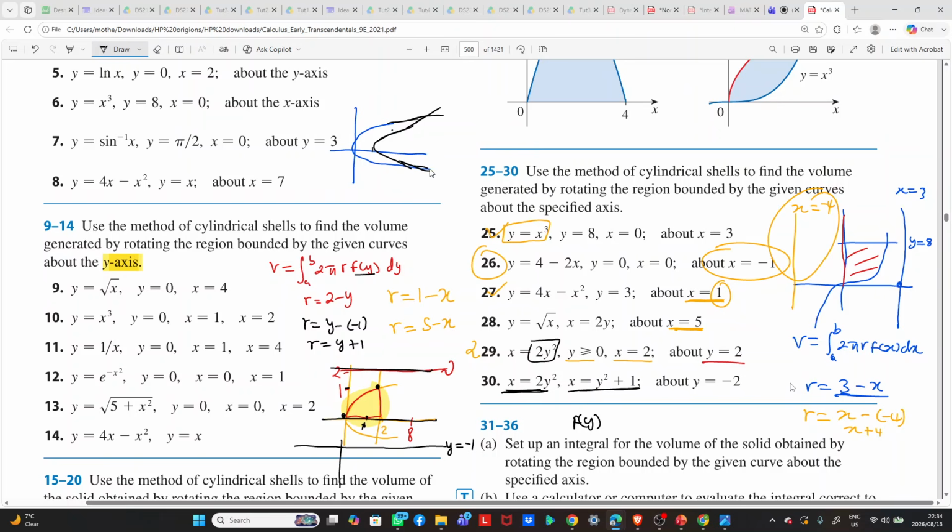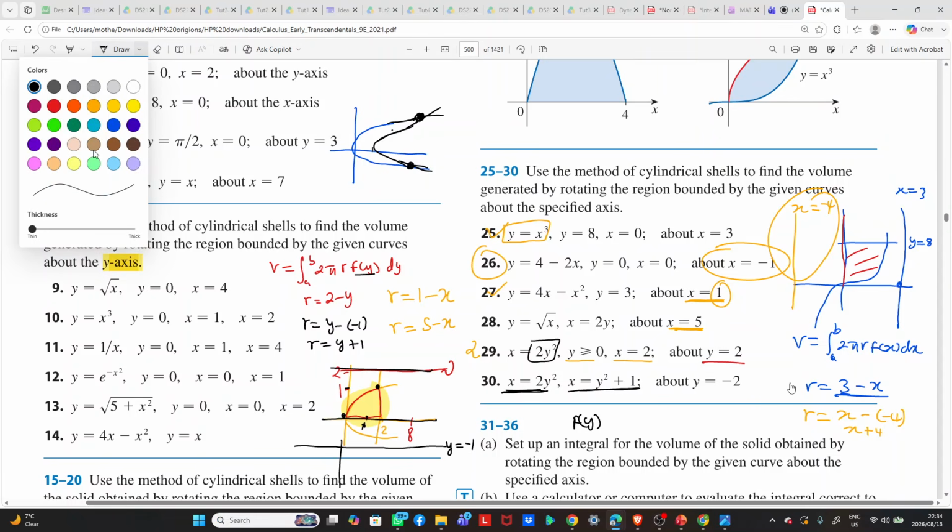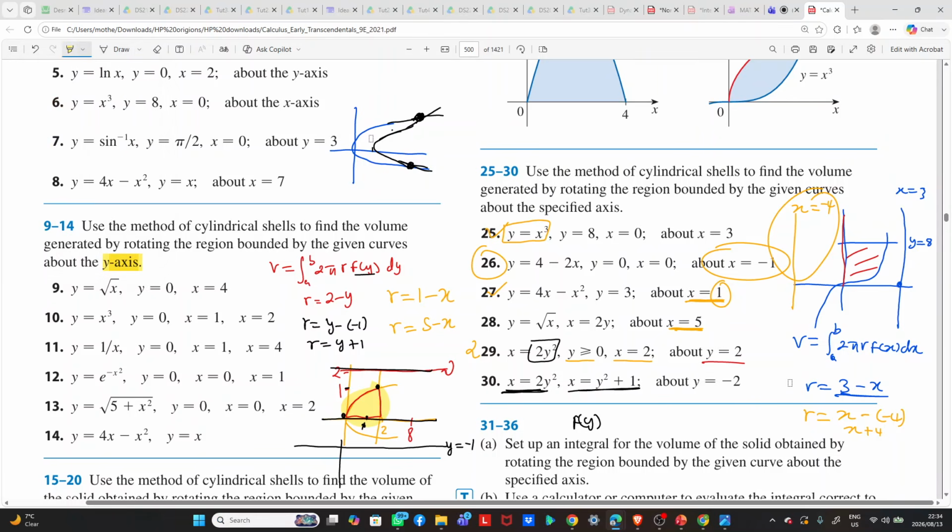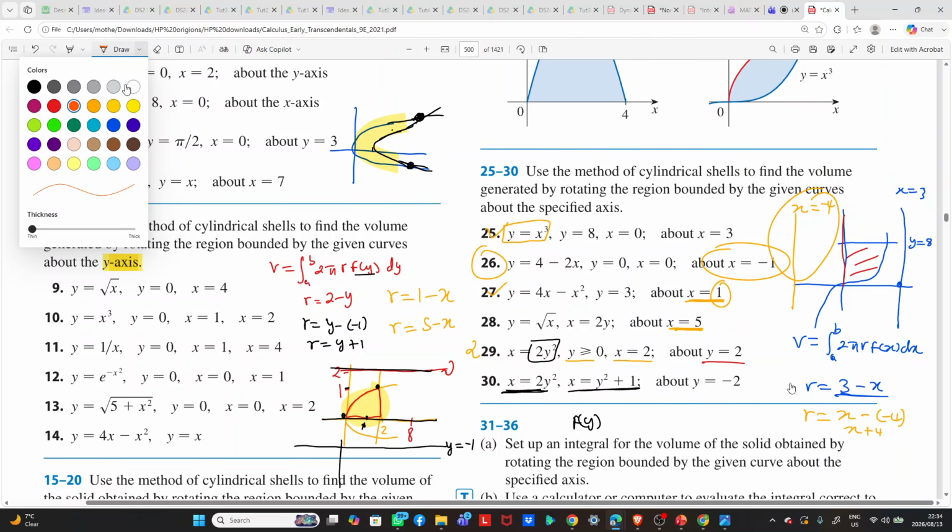I didn't draw it to scale, but say maybe they intersect here and there. So the region that is enclosed is going to be this one. That is the region.